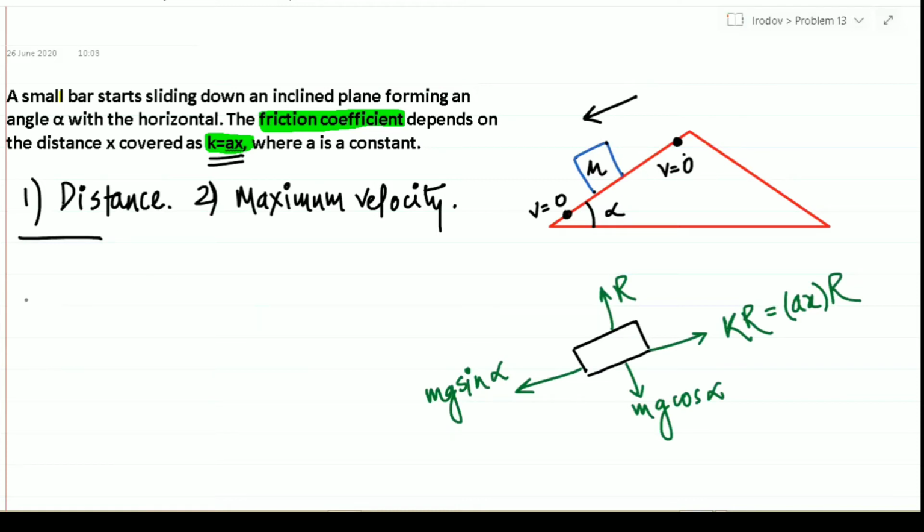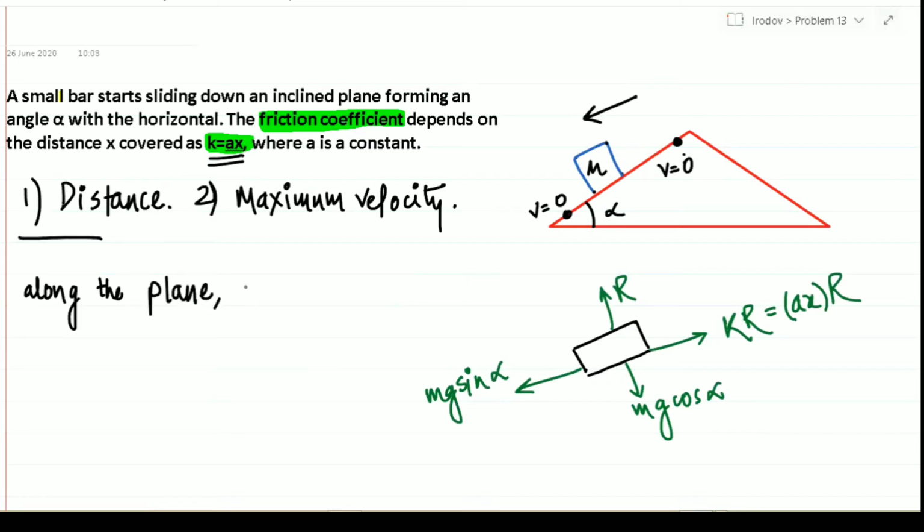First of all, let us write the equations of motion for this body. Let us consider the acceleration in the direction of the plane, along the plane.